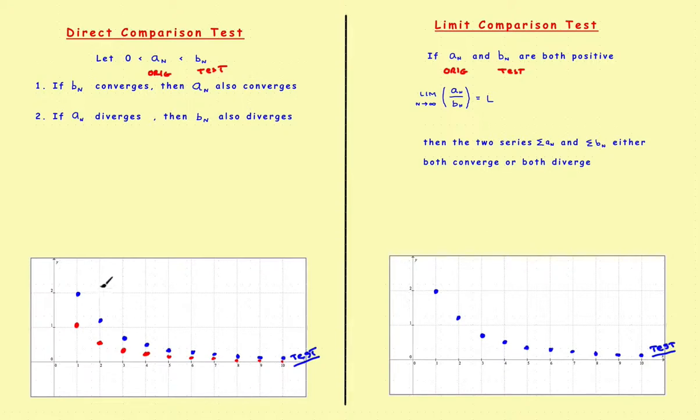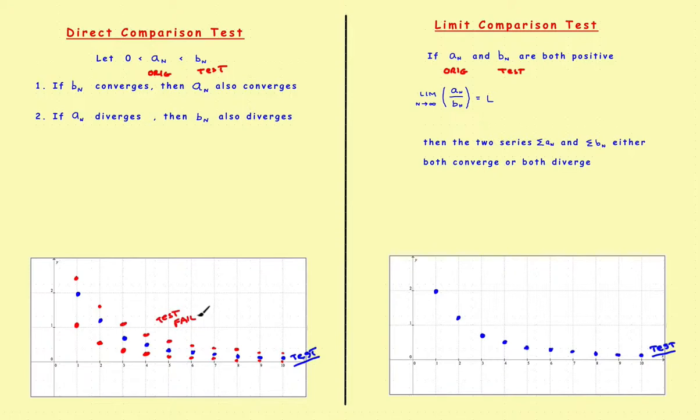Now you might also remember from the direct comparison test, if the original series is below the test series, you show that it converges. But suppose the original series was above the test series at every point. Suppose it did this. Then it doesn't satisfy the requirements of the rule, so in this case, the test failed.